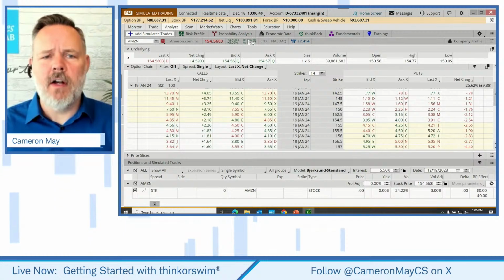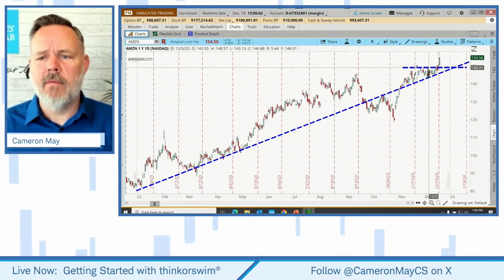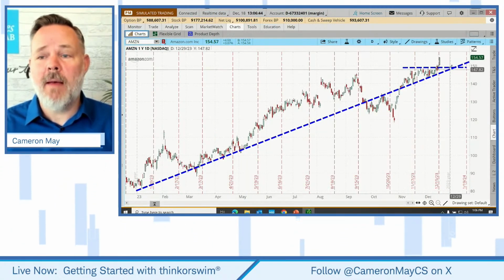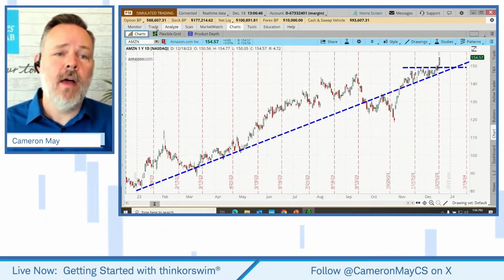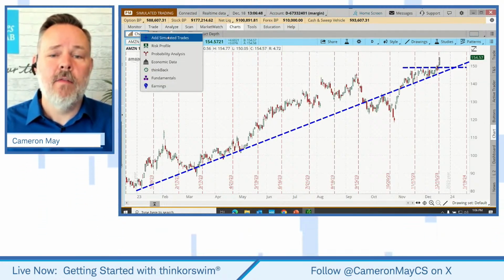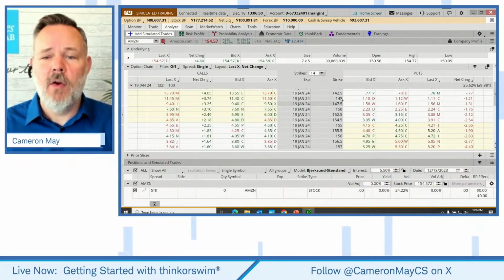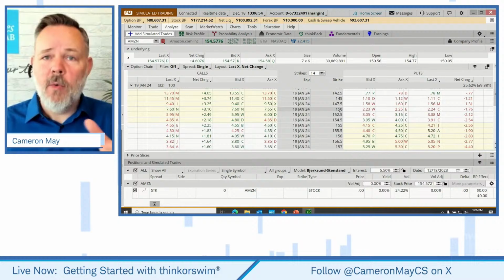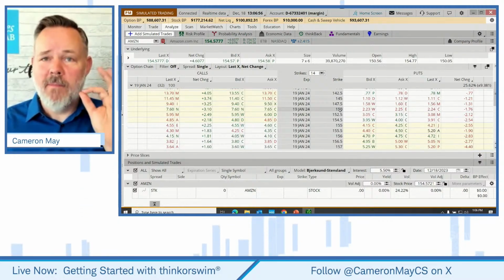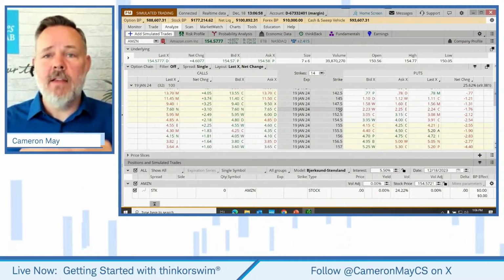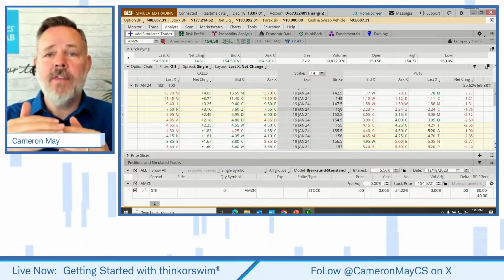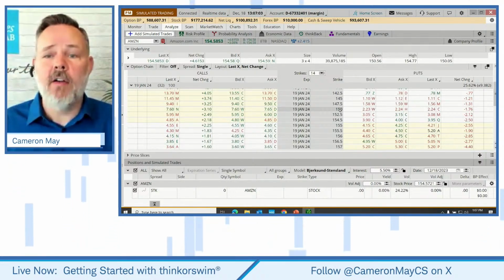And you may have noticed on our chart, looks like resistance just below that 150. How about if we put on a bull put spread for the 150, 145 strikes? Now, if you're not terribly familiar with a bull put spread, basically this is going to be a trade that's going to theoretically perform best if the stock remains above $150.